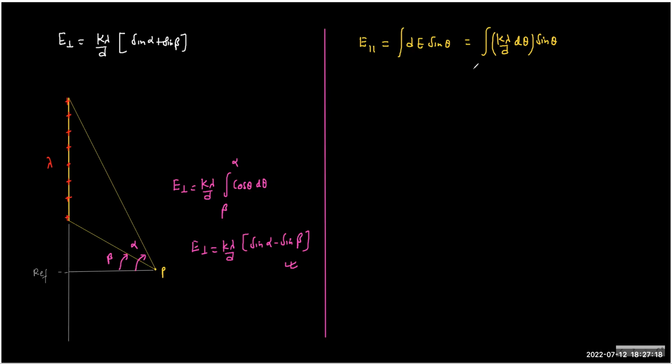Now we are done. The answer is cos beta minus cos alpha. First of all, the integration of sin is minus cos theta, from minus beta to plus alpha.